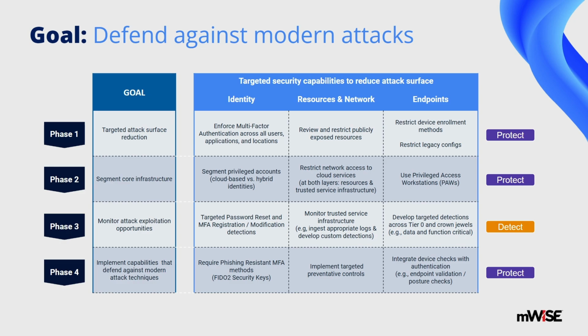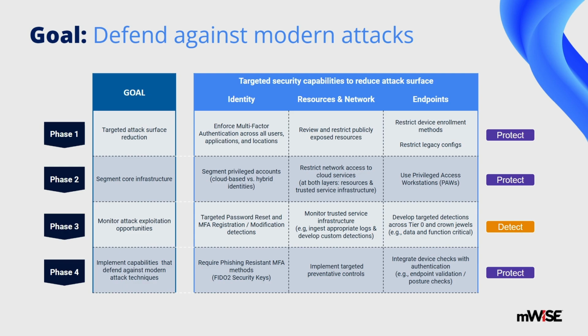Then we move to our final phase, phase 4, where we focus on defending against modern attack techniques. However, implementing these controls usually will require additional capital, resources, and testing, but they're essential to stay ahead of the curve. At the identity level, enforcing phishing-resistant multi-factor authentication.